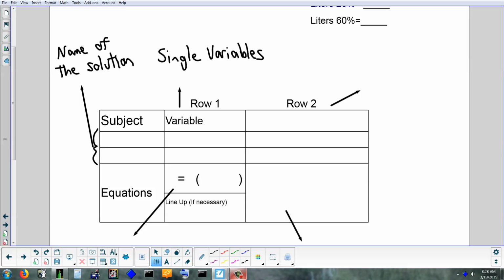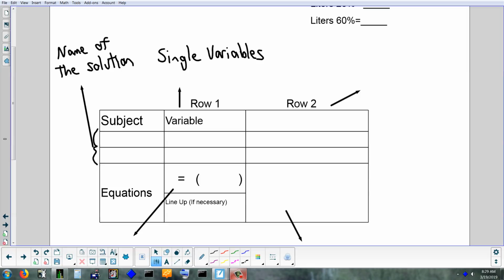In the row 1 equation, we were dealing with the present. All right, today when we do mixtures, these two variables are just going to be single letters. A, B, X, Y, M, S, whatever, right? Just like yesterday, these will be your single variables, all right?